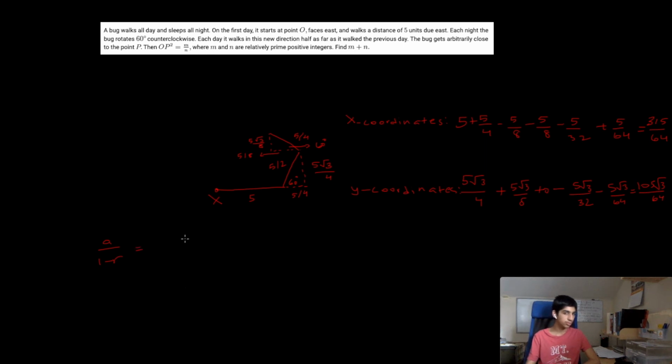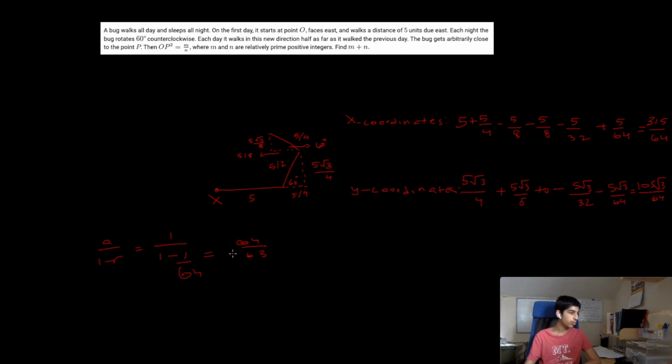Since the common factor is 1/64, we have A is 1 and then 1 minus 1/64. This turns out to be 64/63.